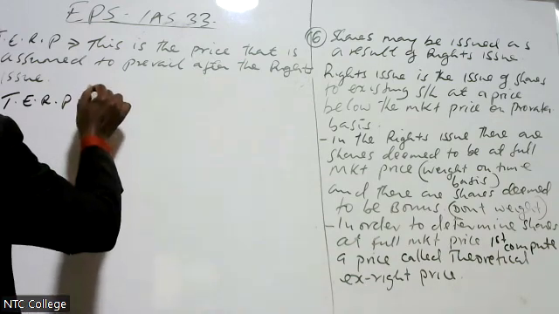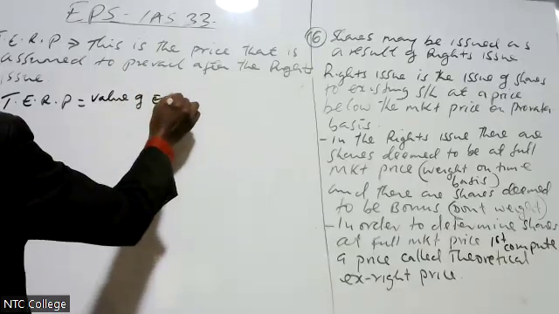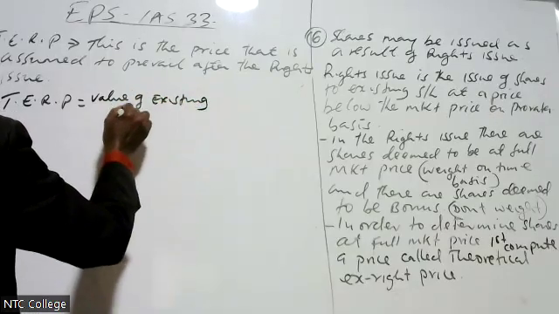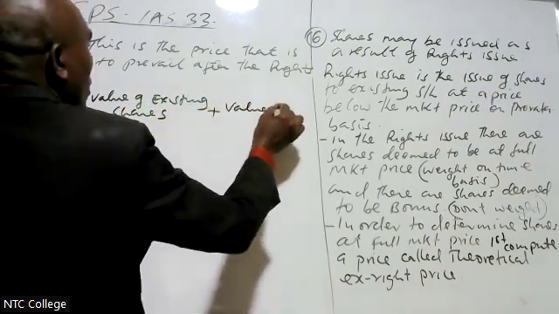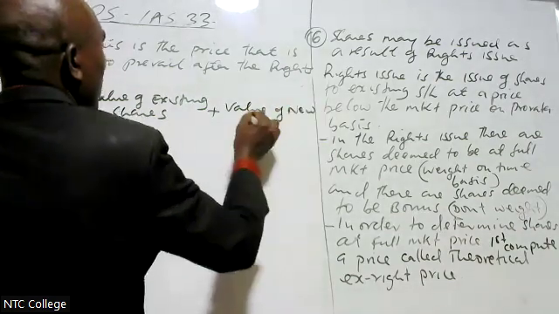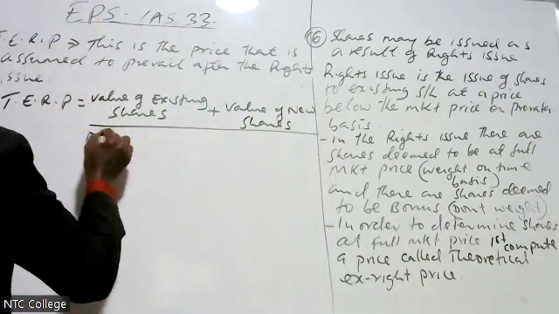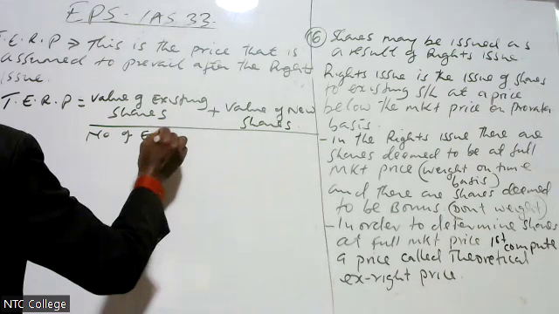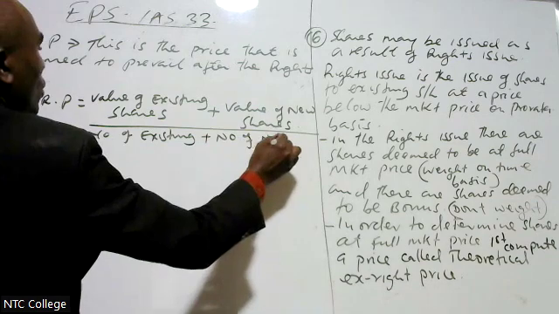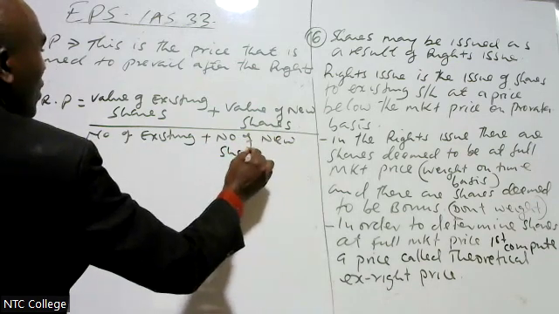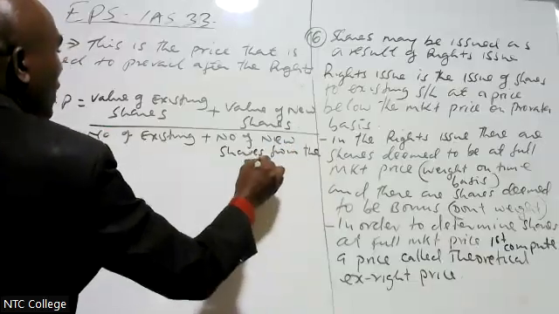Here we take value of existing shares plus value of new shares from the rights, multiplied by number of existing shares plus number of new shares from the rights issue.